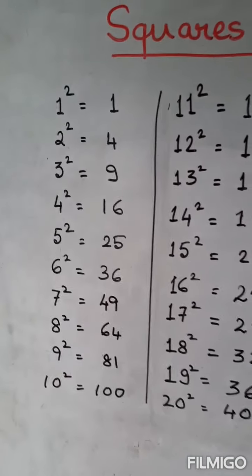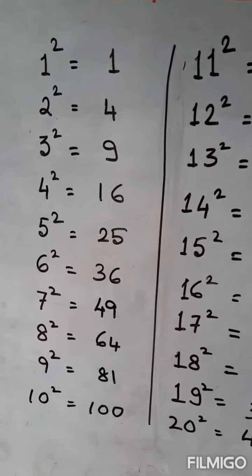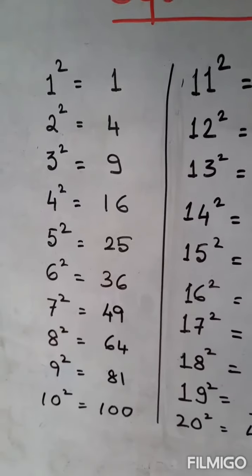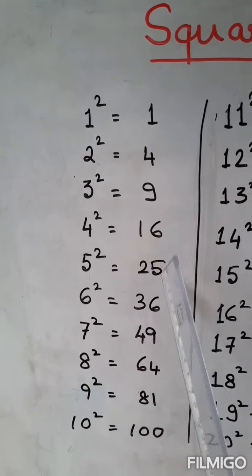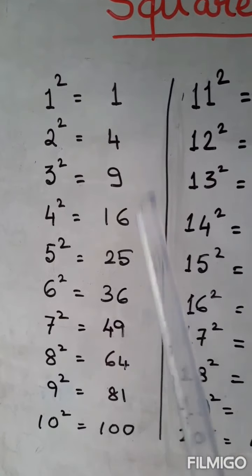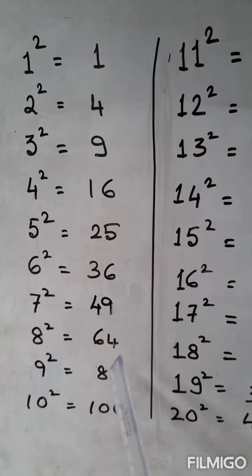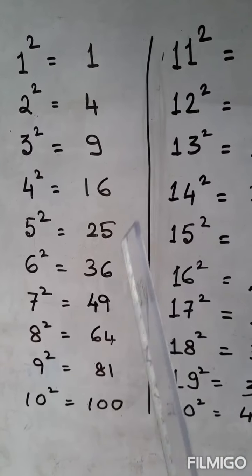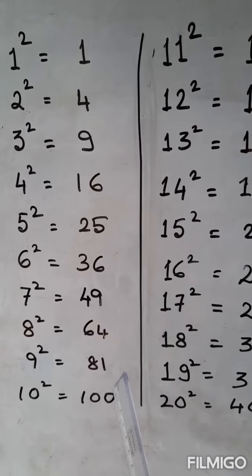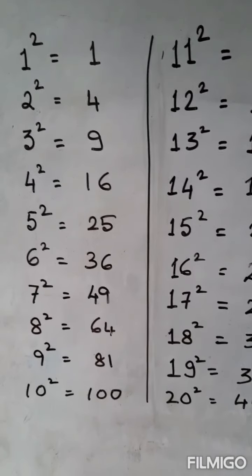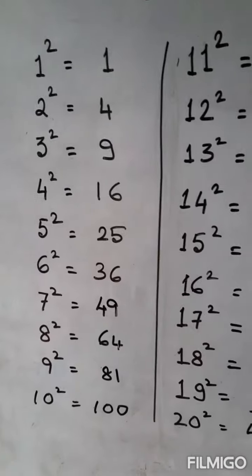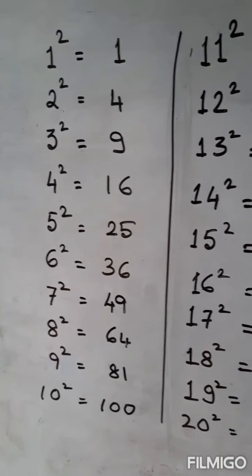If we observe the units place of the first column, we will see that in the units place we get 1, 4, 9, 6, 5 and 0. These are the numbers in the units place.